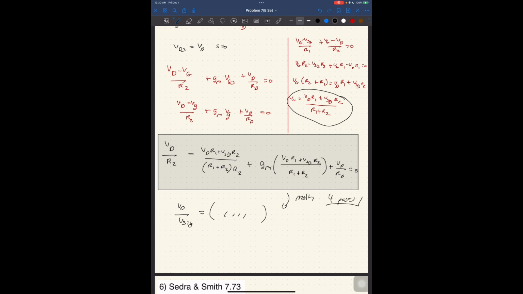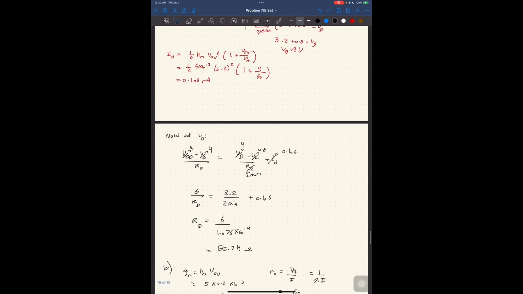I'm not going to do it because it's just pure math, and I doubt that we would be asked to do this in any electrical application. But just use this to find VD over Vsig, or isolate for VD over Vsig. Everything else is given, so we do a lot of math and we get the final answer. And that was 7.123.